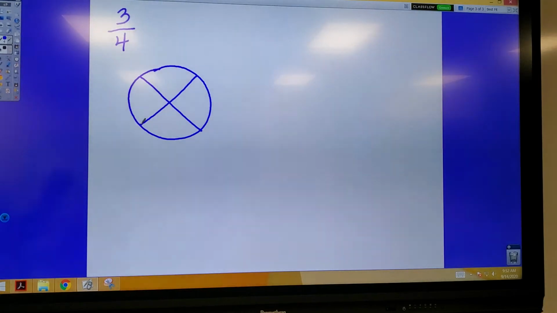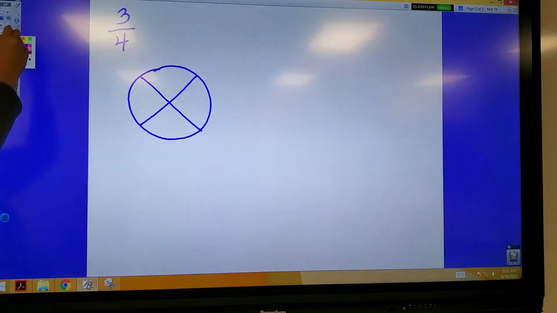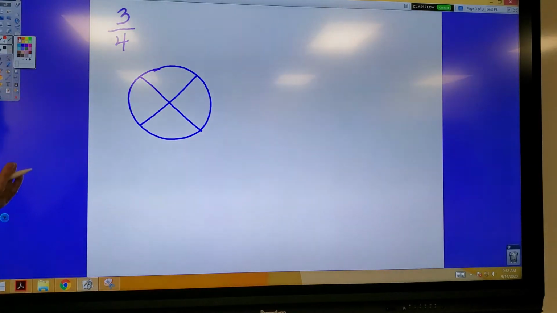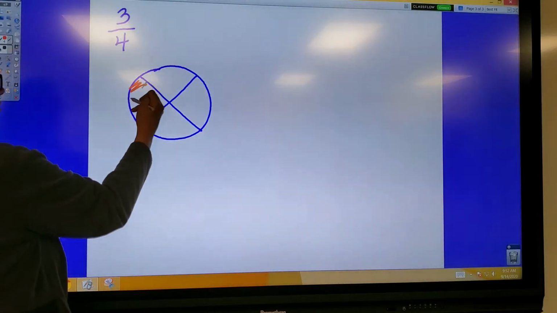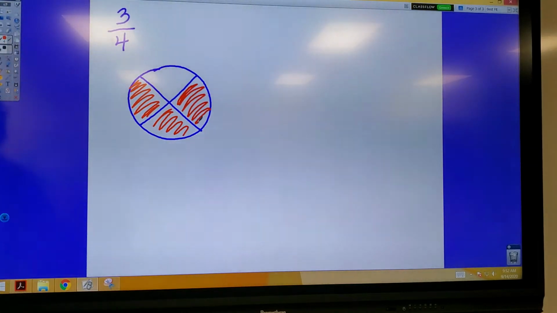So as long as your pieces are equal, and again, I know this is just notes, we're not being precise, okay? But you can see the big difference with the way I did it the first time, where we had like little slivers on the end. Okay, so 4 total pieces, and then what would be my next step? To show 3/4. Shade in 3. Does it matter which 3? Nope, doesn't matter which 3. 1, 2, 3. Okay, 3/4.